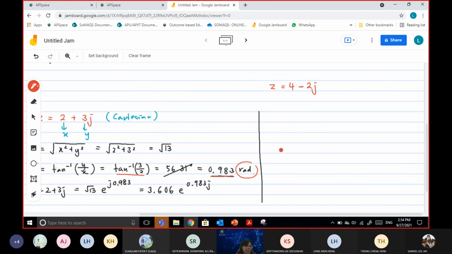Let's convert it into exponential form now. So write it in the r e^(jθ) form. Okay, let's do it now. I give you a few minutes. Once you got it, you can put it in the chat box.